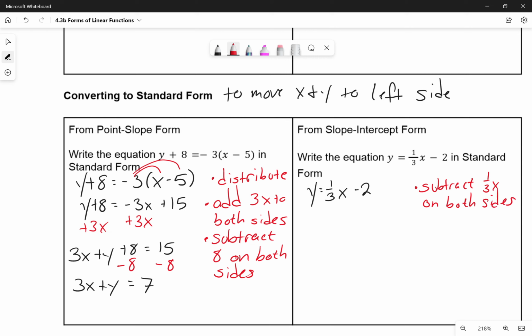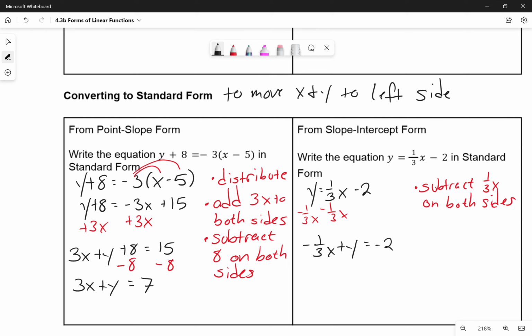So when we do that, we wind up with negative 1/3 x plus y equals negative 2. So it looks like it's in standard form. I have my x and y variable terms on the left side and my constant on the right.